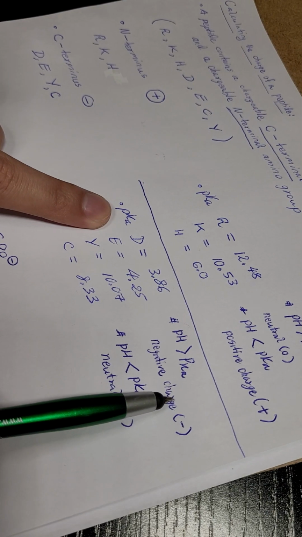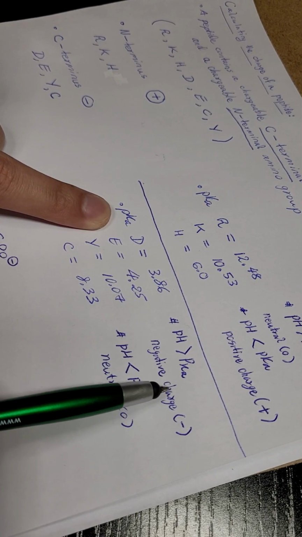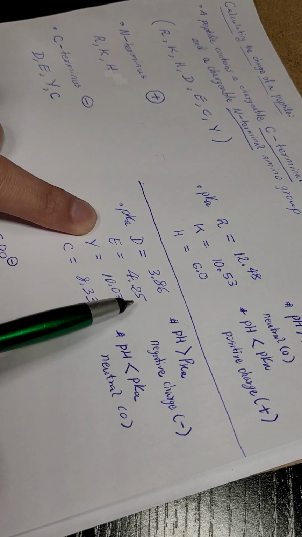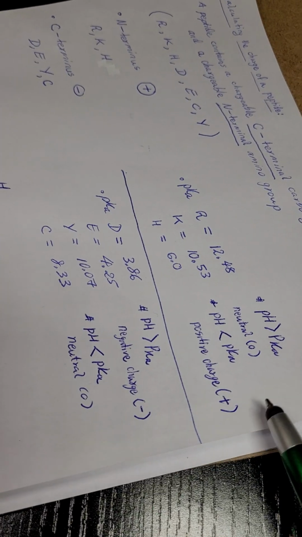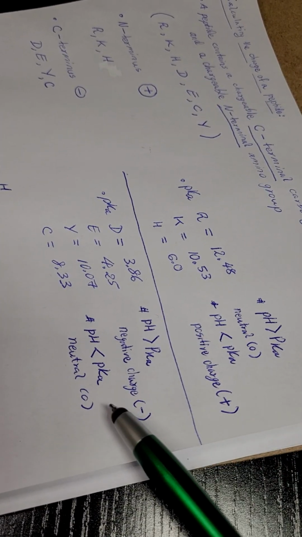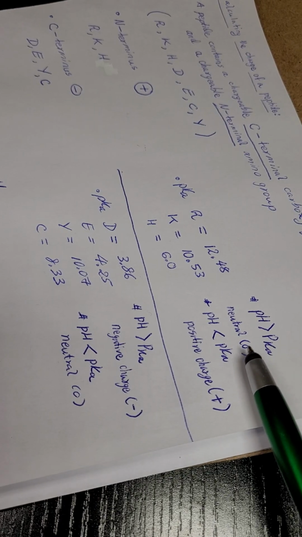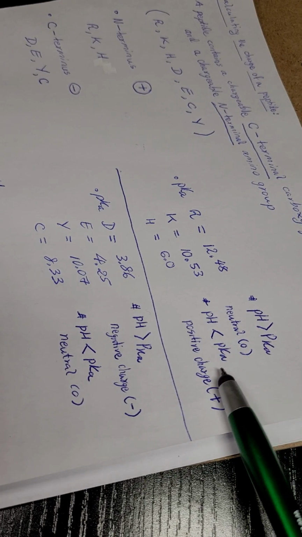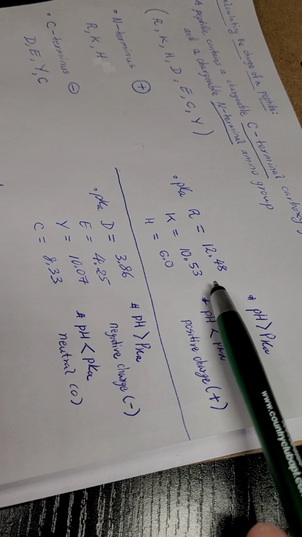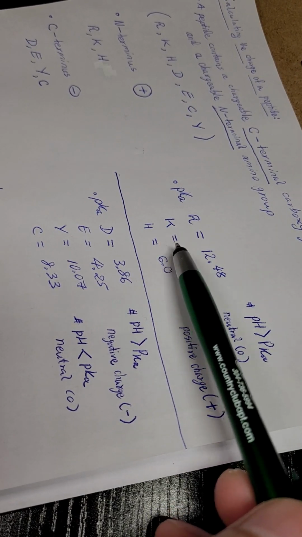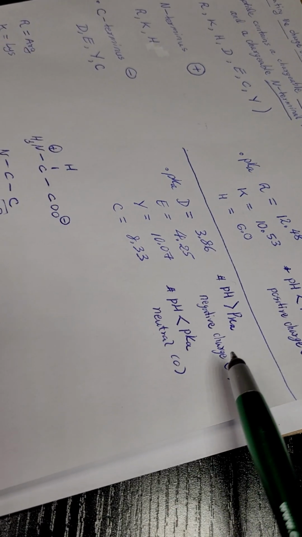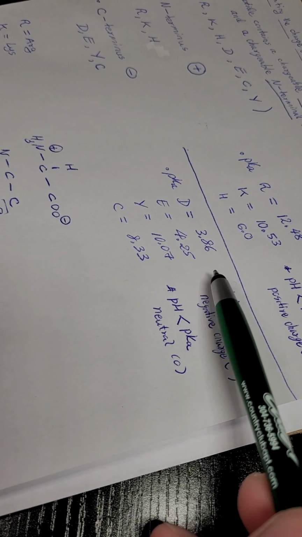It will be negative charge only when pH is higher than pKa. Make sure you didn't get it wrong. Positive charge needs pKa higher than pH, for R, K, H. But for negative charge, pKa should be lower than pH.